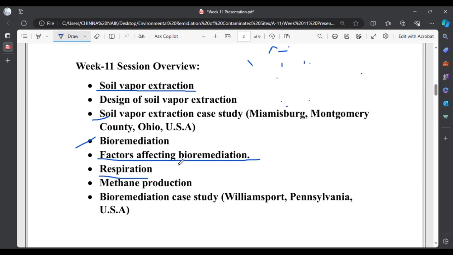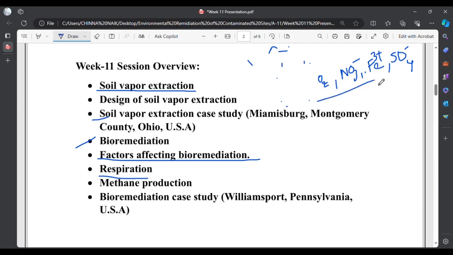Most of the time we consider oxygen as the electron acceptor, but if you consider the order: oxygen, nitrates, ferrous, and sulfides.